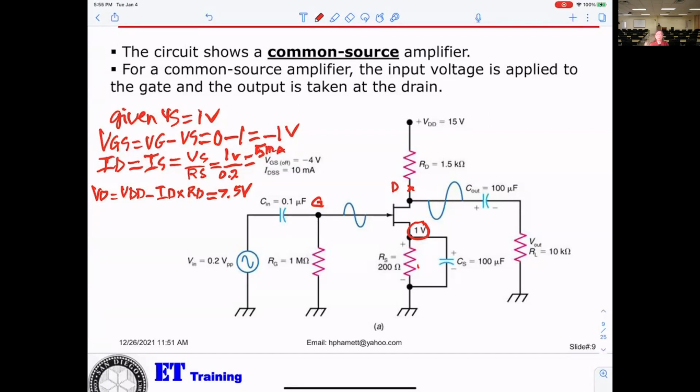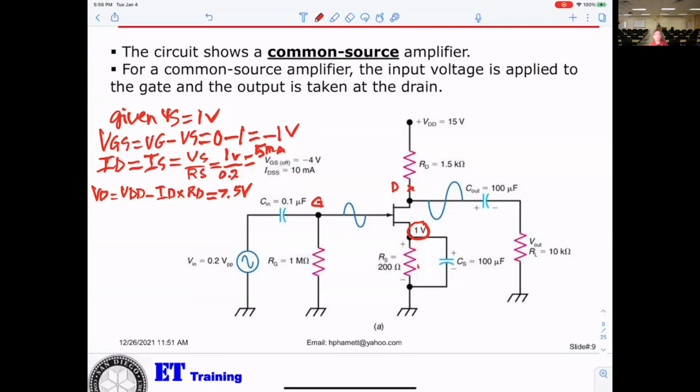At the drain, you get a sine wave AC signal, and also you get a 7.5 volt DC. However, when you go to the output, the load, you don't have any 7.5 volt DC anymore.